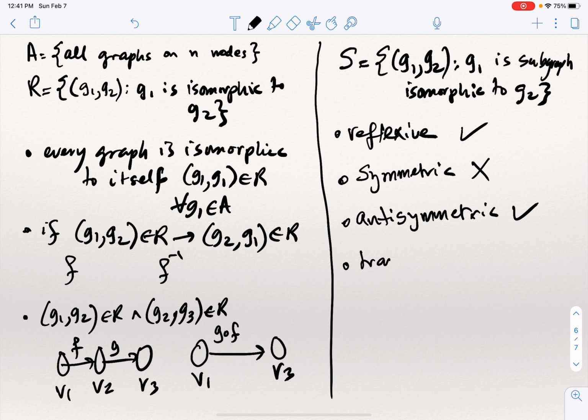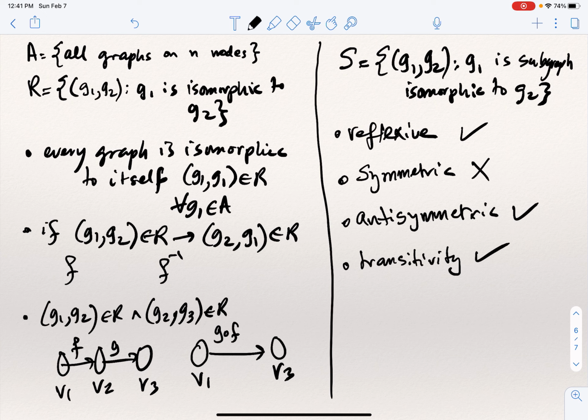What about transitivity? If G1 is subgraph isomorphic to G2, and G2 is subgraph isomorphic to G3, is G1 subgraph isomorphic to G3? The answer is yes. Again, you can use composition of the functions from G1 to G2 and from G2 to G3, and you will get transitivity.